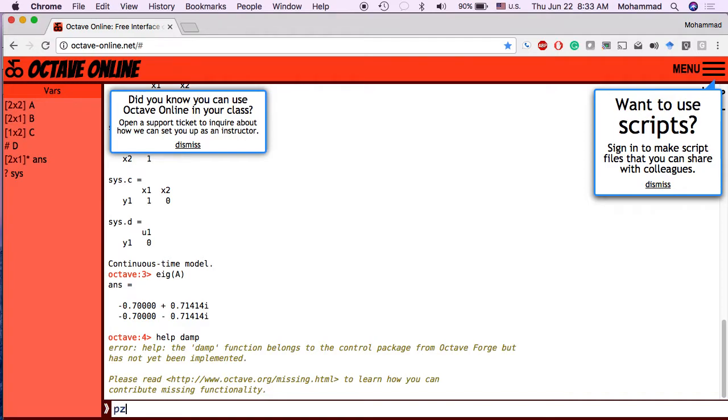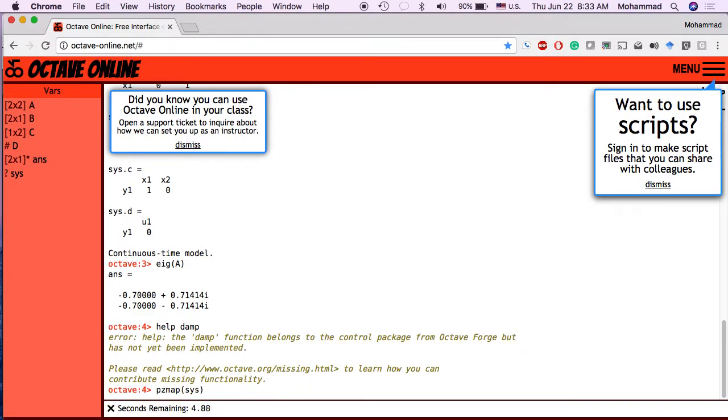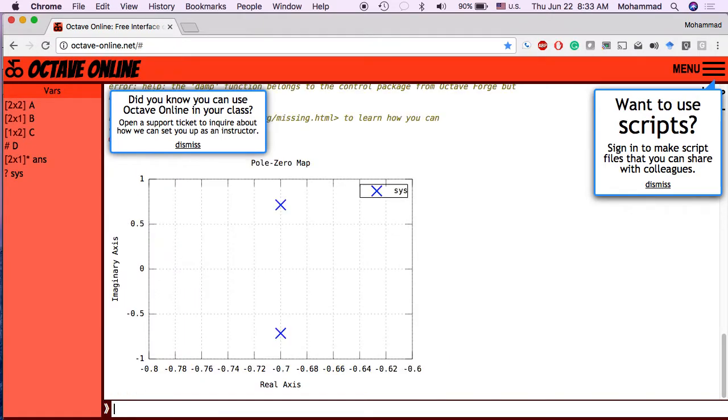If you look at the pole-zero map of the system, you have two eigenvalues for the open loop, a complex conjugate pair, associated with a natural frequency of 1 and damping ratio of 0.7.